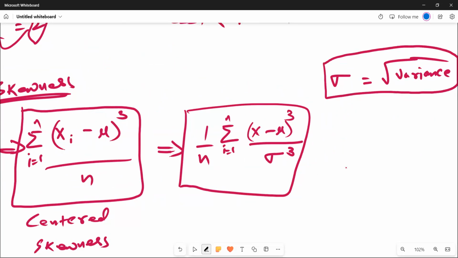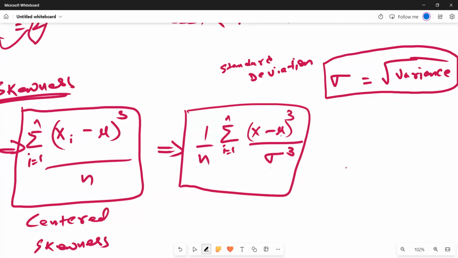By dividing by the standard deviation, I'm removing the dependency of all the data points on the average of the data, which is the mean. This is why it is called standardized skewness.